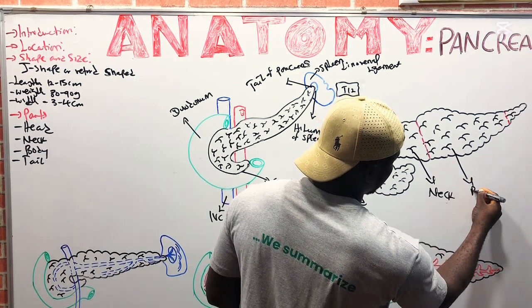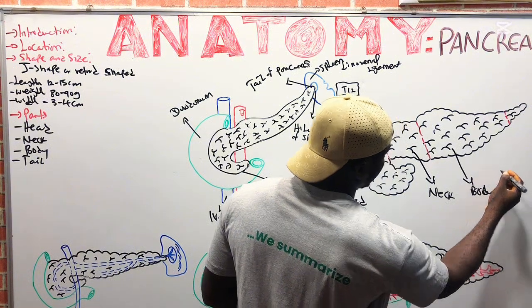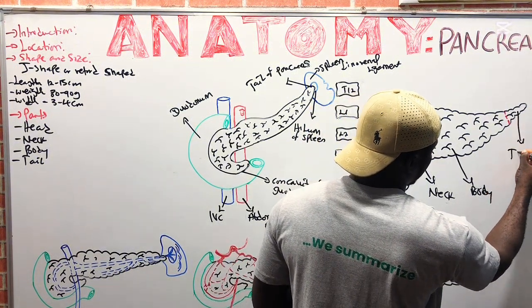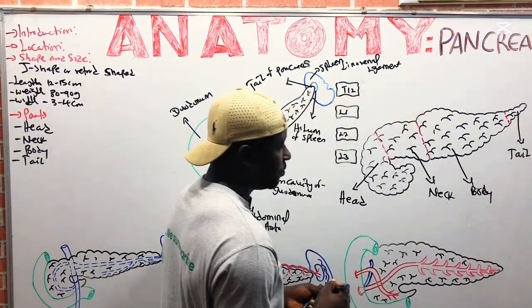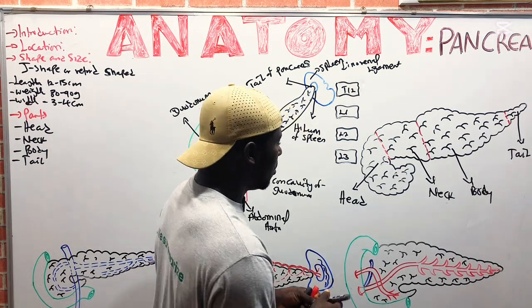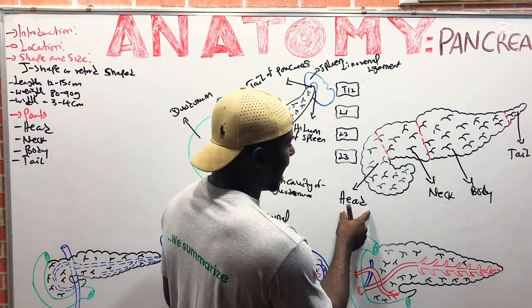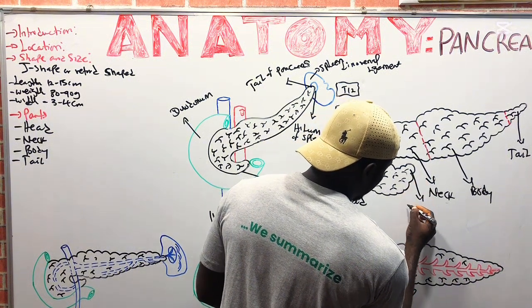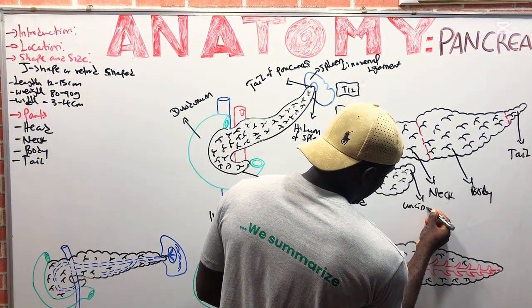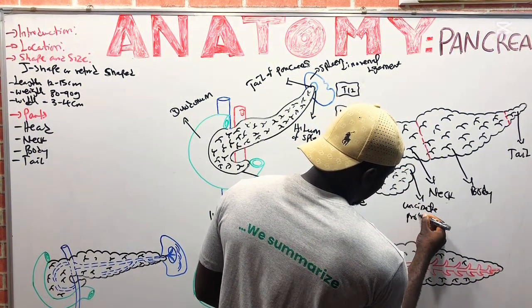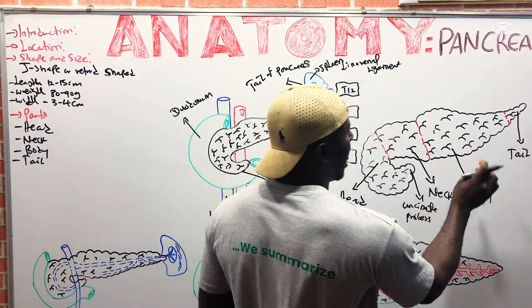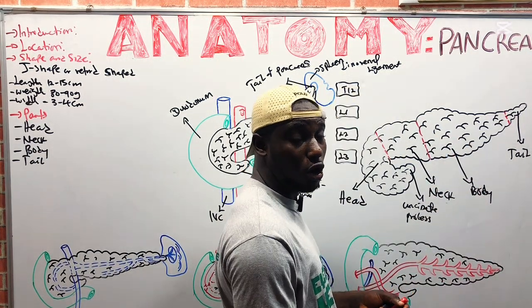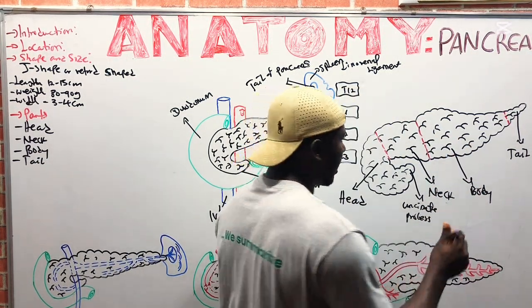This is the body, while this is the tail. Now, the head has a process called the uncinate process. Here is the uncinate process, while the body has a process called the tuber omentale.